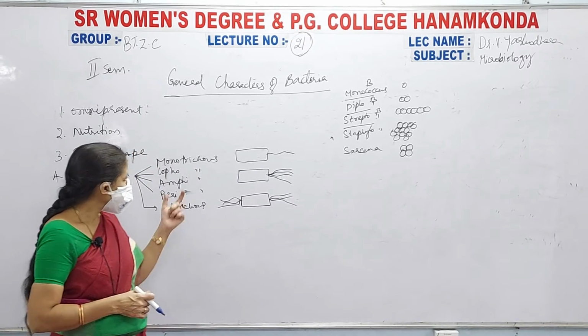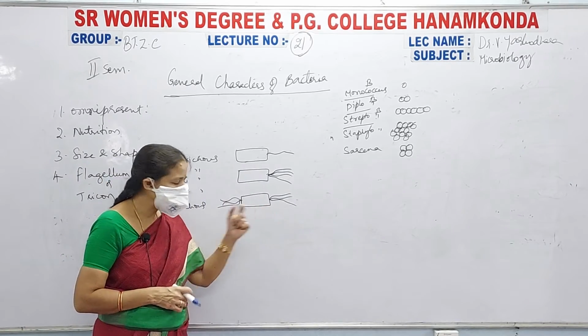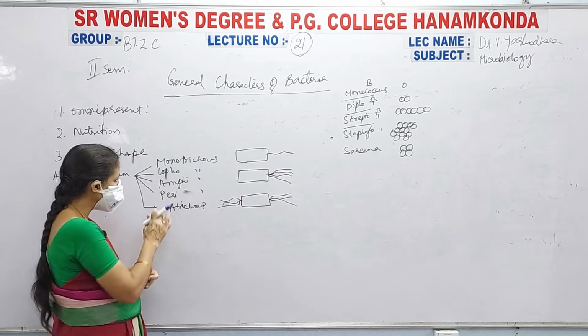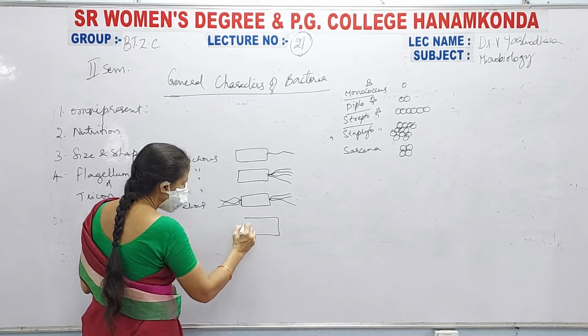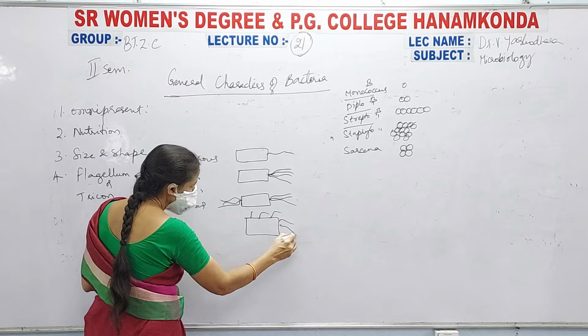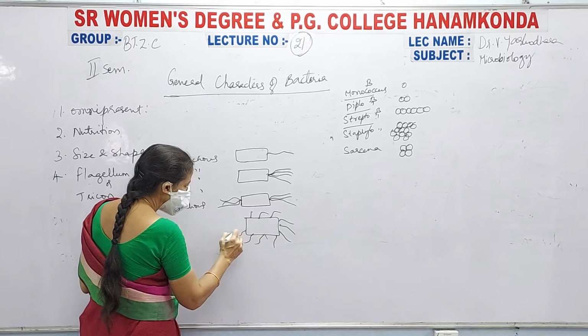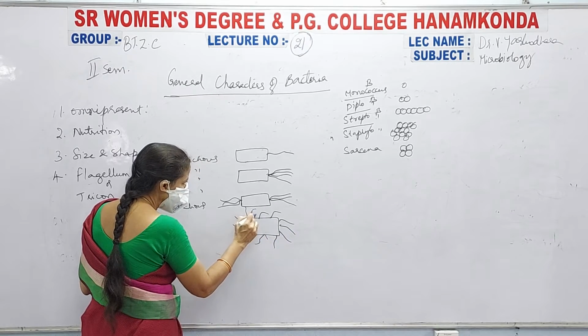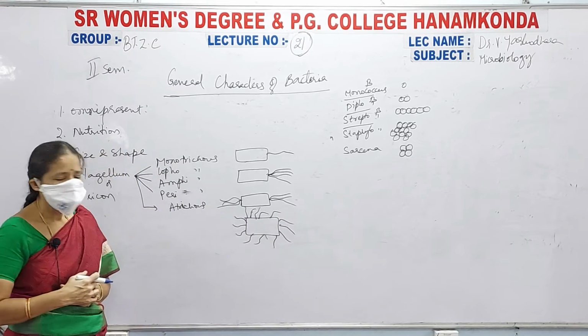So amphi means both, that is, a single flagellum or a bunch of flagella are present on both ends of the bacterium. Next, coming to peritrichous, the flagella are present throughout the body of the bacterium. This is known as a peritrichous bacterium.